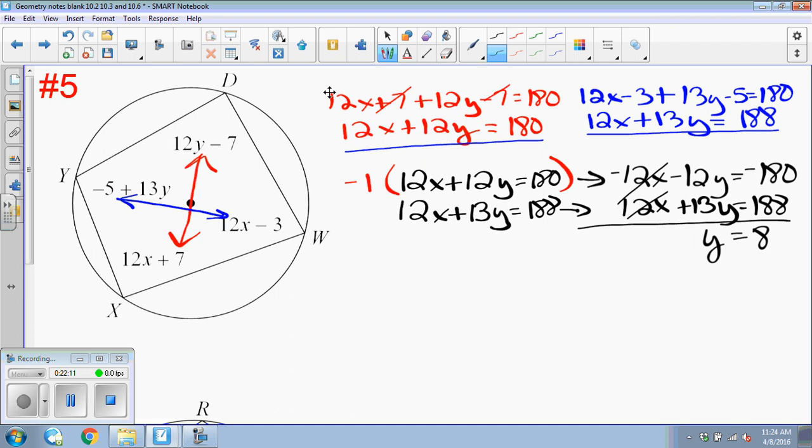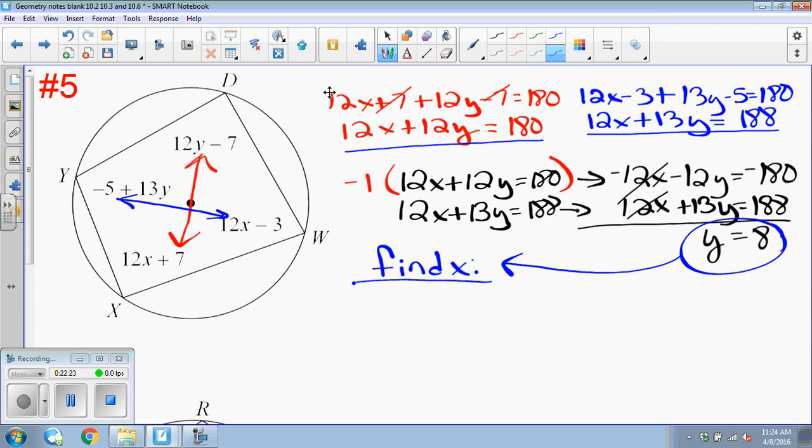Okay, so now we have what y is. Now we go back and find x by plugging it back in to either one of our equations. So I have 12x plus 12y equals 180. So 12x plus 12 times 8 equals 180.